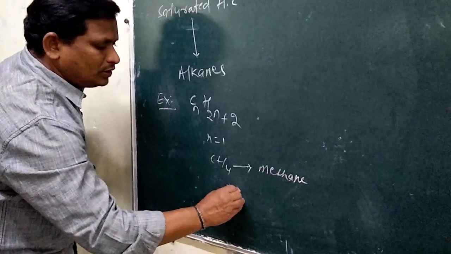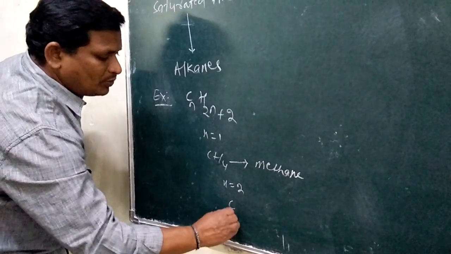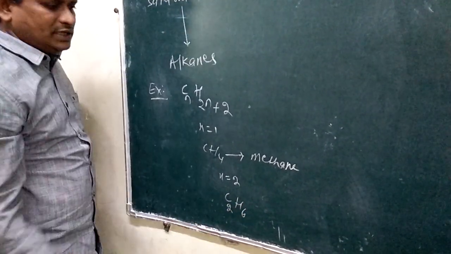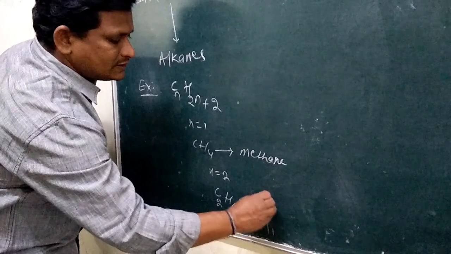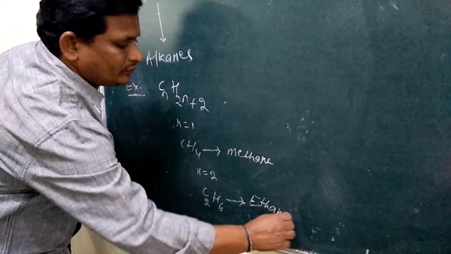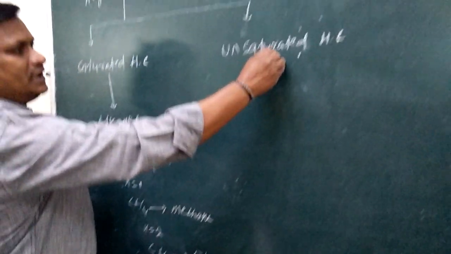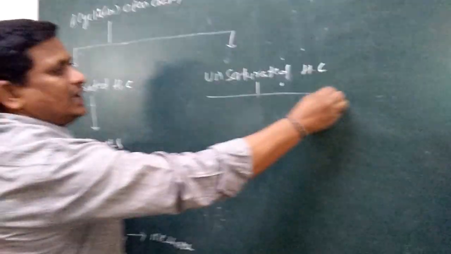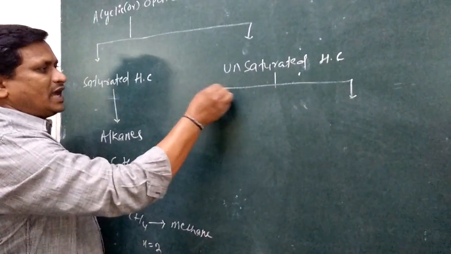If n equals 2, the molecular formula is C2H6, which is ethane.